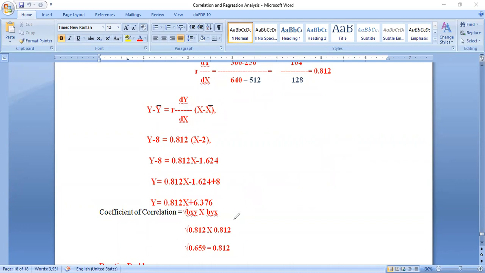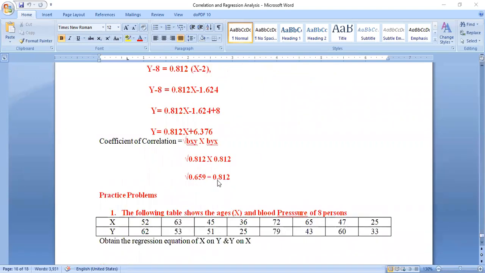When the formula is expanded, it is very easy. Finally, the coefficient of correlation r is equal to the square root of bxy into byx, that is 0.812. This is the process to calculate the regression equation x on y and y on x.